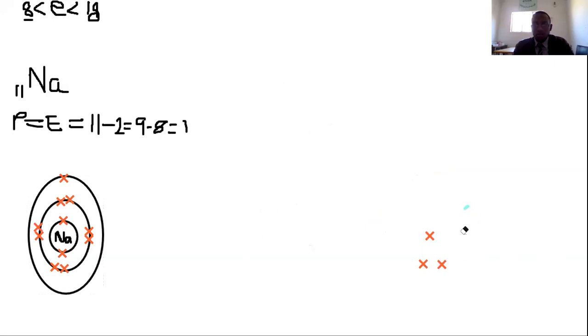So take for instance, we are given argon. We are asked to draw the electronic structure for argon. Argon is capital A, small r, and we have 18 down there.